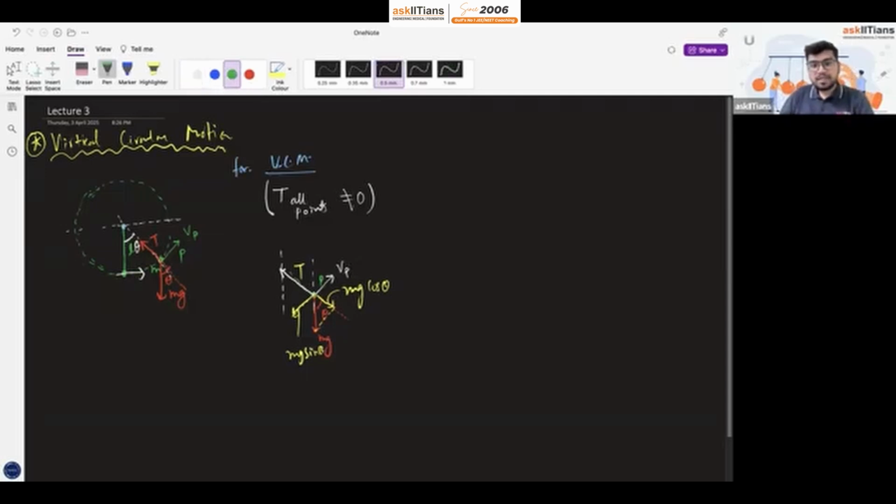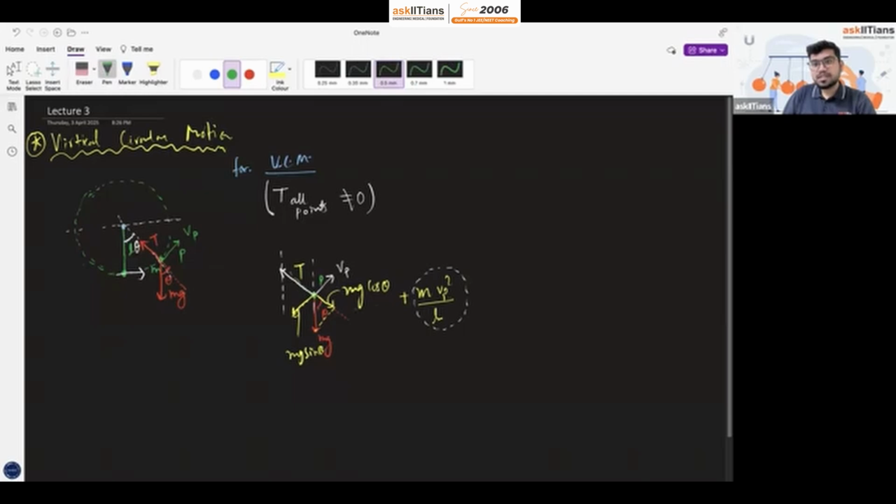Now, if you look at the scenarios along this line, along this axis, you will find that the mass has to remain at rest. Now, what are the scenarios under which the mass can remain at rest? There are two forces acting on the outward side. One is this mg cos theta, and the other one is m Vp squared by r, or let's say L. It will be m Vp squared by L. Now, this is the centrifugal force which the particle would be experiencing, and this is the pseudo force basically.